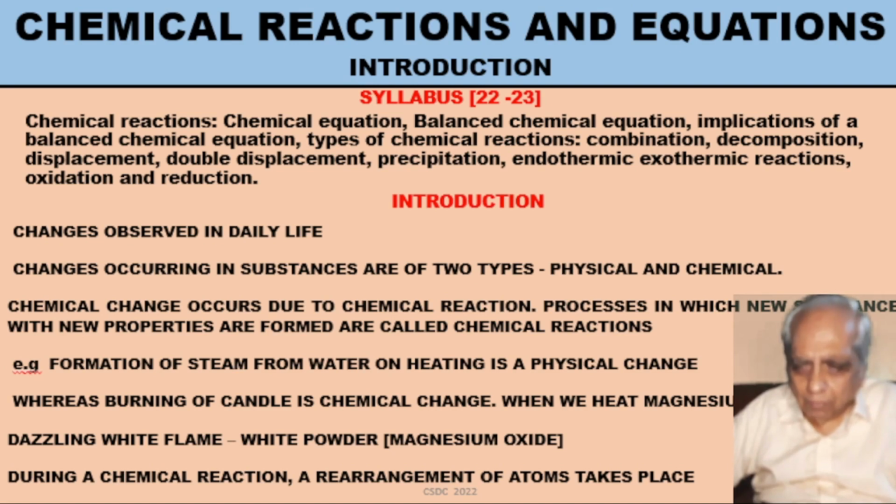So magnesium has got converted to a white powder. That white powder is nothing but magnesium oxide. Magnesium has reacted with oxygen from the atmosphere and has formed magnesium oxide. So this is a chemical change.